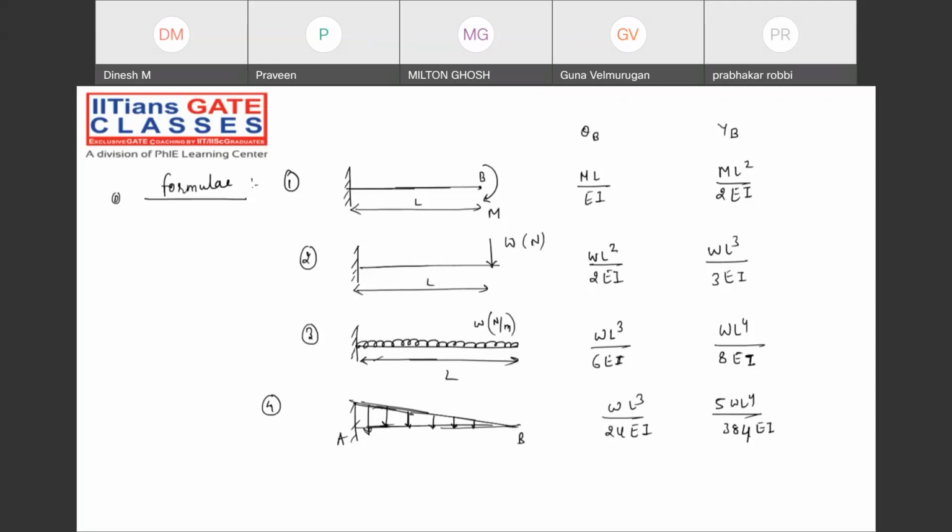So number 4, what do you mention? Number 4 formulas are for UDL on a simply supported beam. Number 4th one, yeah, correct. So there is a slight mistake there.